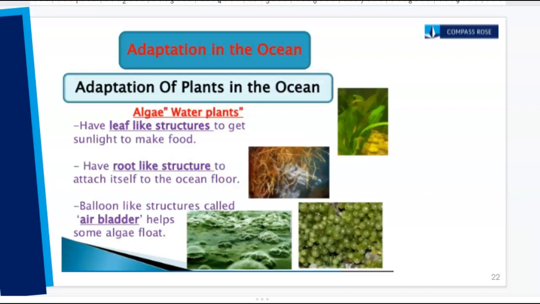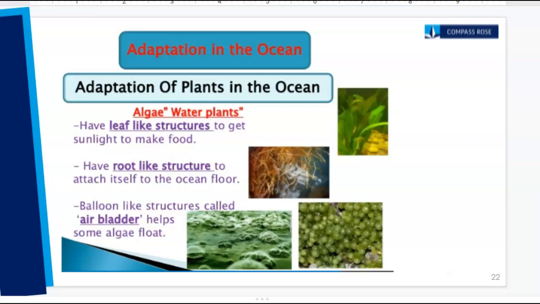And then we know that the plants in the ocean also have to adapt because there isn't a lot of sun that gets through the water. So their leaf-like structures are a little bit different and their root structures are very different as well. They also have different kinds of structures that help them float at the top of the ocean, which helps them get more sunlight and more air.